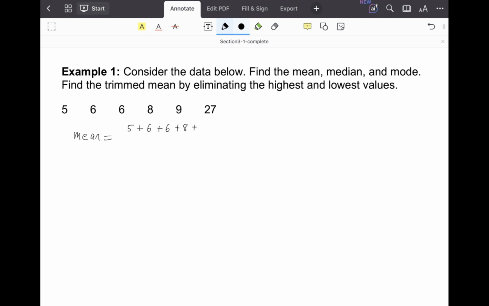And there's not too many, so this makes it much less cumbersome. Add those all together. We have 1, 2, 3, 4, 5, 6 data points. This gives us, do the sum first, gives us 61 divided by 6. And we do that division, gives us approximately 10.167.